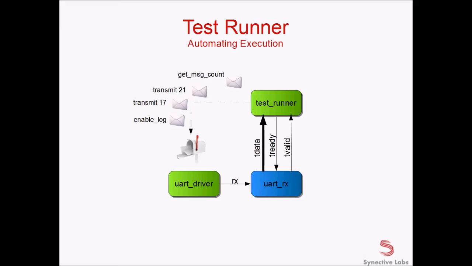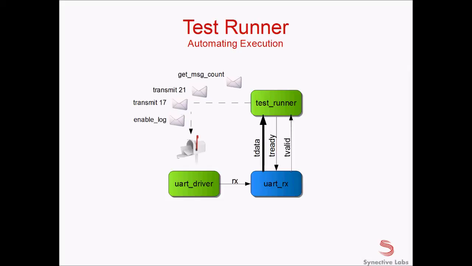Now, having self-checking test benches is only part one of automation. You also need to automate the execution of your test benches. And in unit testing, we do this with the test runner, which is the main controller of your test bench. So in this case, again, the UART receiver test bench, the test runner is sending messages to a UART driver.